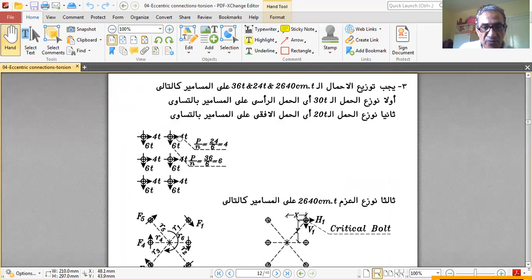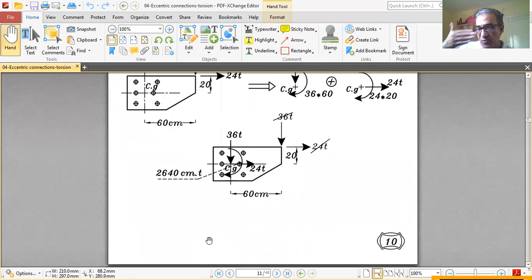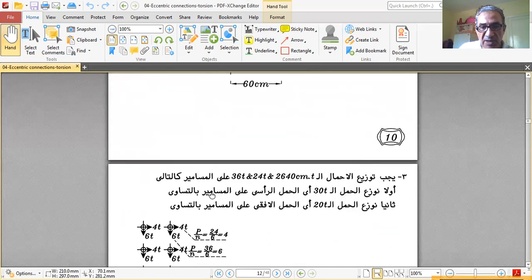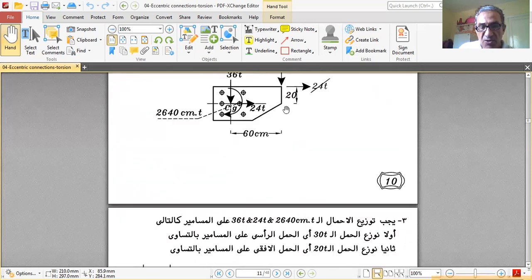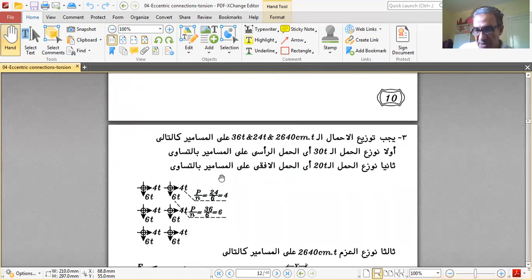Assuming this is for one bracket, vertically each bolt will carry 36 by 6, which is 6. Horizontally, each one will carry 24 by 6, which is 4, in the same direction as the original load. These are not actions, just the distribution of the forces on the bolts. So each bolt carries 6 down and 4 right. They carry the loads equally, but the inequality will come from the torsional moment.